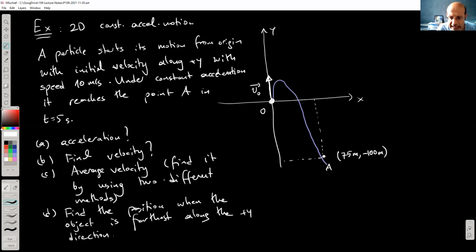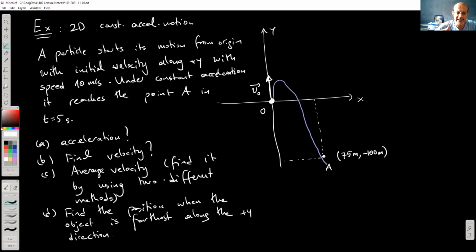All right. So in any case, usually for two-dimensional constant acceleration motions, we just separate the motion into these components, x and y components, and then we just investigate the components separately. Here, we don't need to do that. So as a result, this is kind of exceptional.